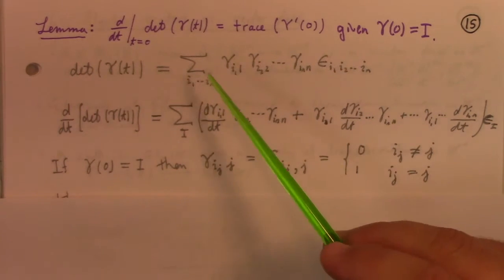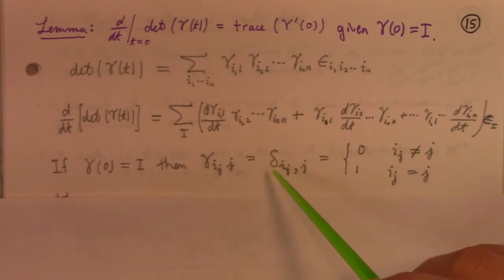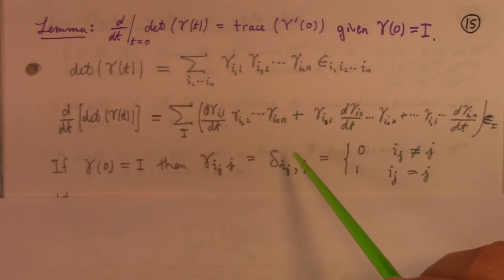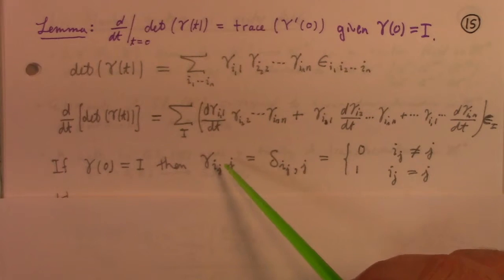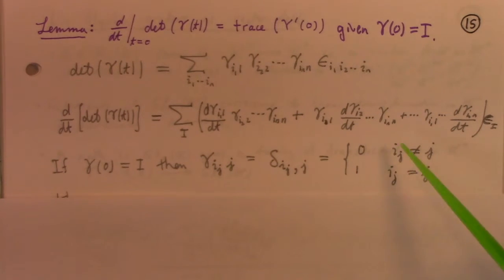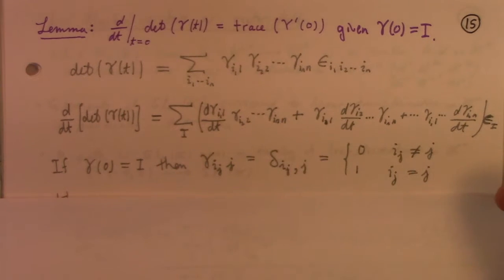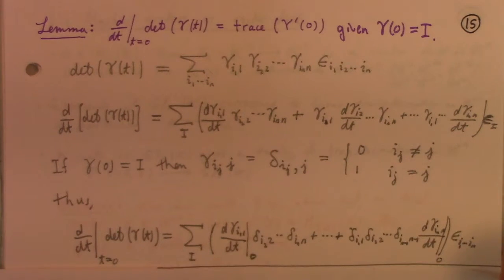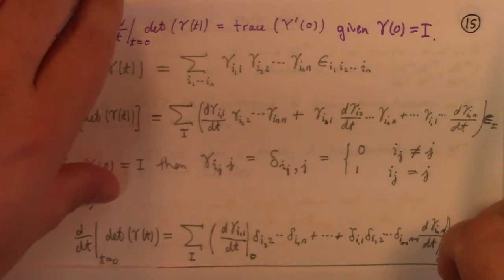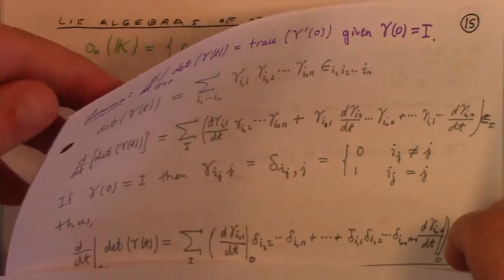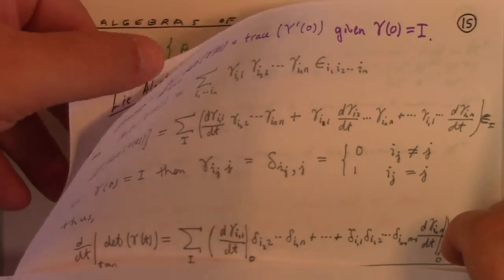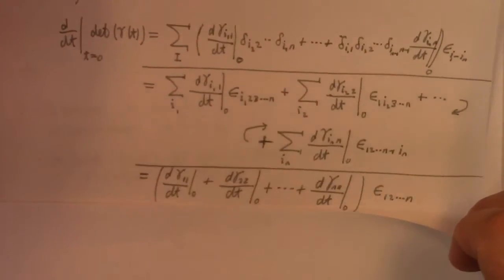Now, we're assuming that gamma of 0 is the identity. That means that each column, the jth column, only has a non-zero entry in the jth entry. In other words, the columns are the standard basis. Thus, when you put that into the product rule, you get all these lovely Kronecker deltas, and those make just about all the sums go away, except for one in each of the summands.